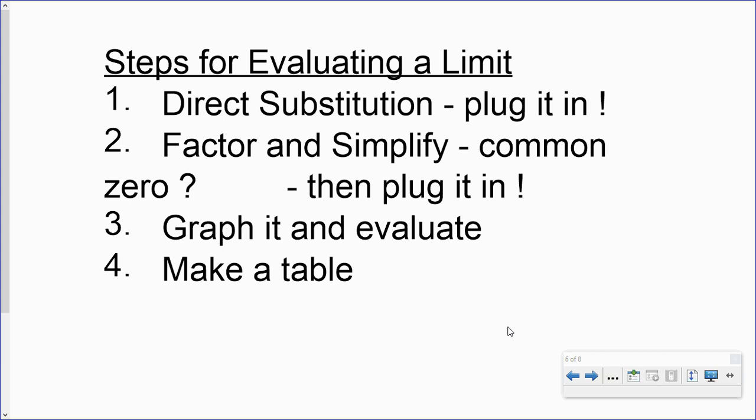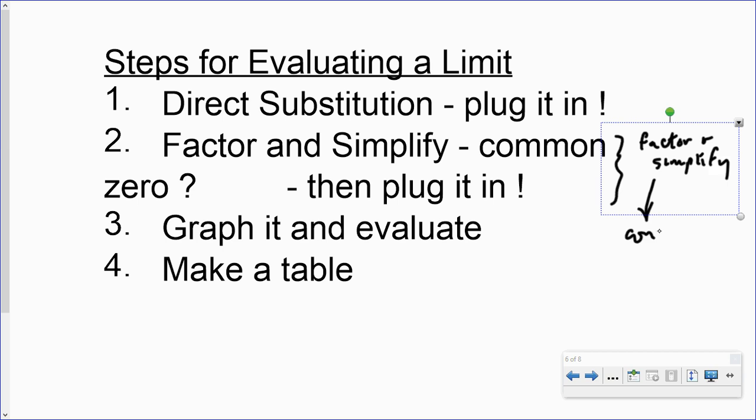Steps for evaluating a limit: direct substitution, just plug it in. Factor and simplify, when we have a common zero, and then when you simplify it down, you plug in your limit. Within factor and simplify, simplifying might involve conjugates, and it might have a change of variable as well.